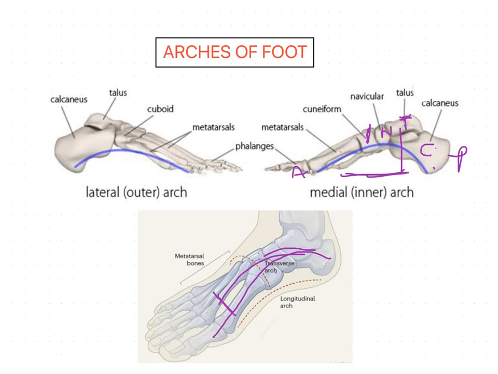Now we will see the lateral longitudinal arch. The lateral longitudinal arch, here this is the lateral one, is formed from posterior to anterior by the calcaneus, the cuboid and the lateral 2 metatarsals.